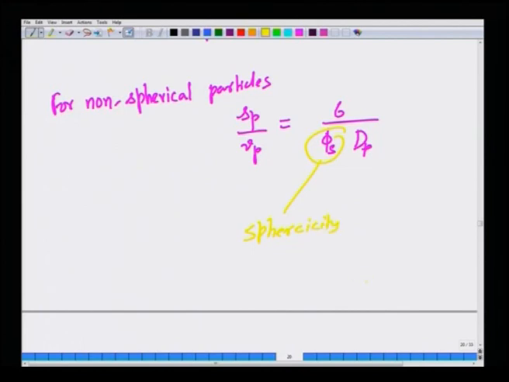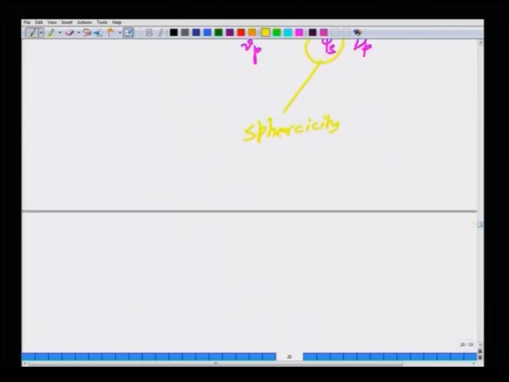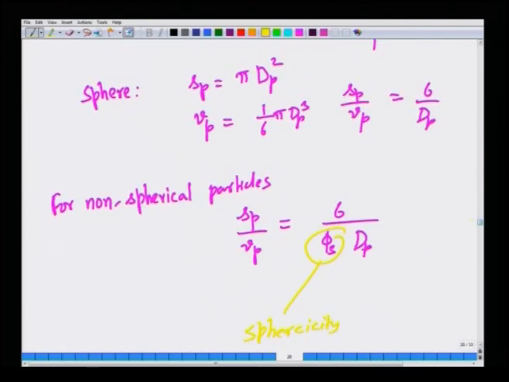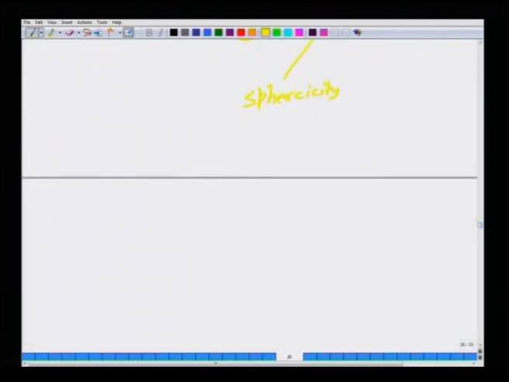Phi s is 1 for a spherical shape, because Sp by Vp is simply 6 by dp, but for non-spherical particles phi s is less than 1. So, how is sphericity calculated? You determine Sp by Vp for a non-spherical particle and then use this to determine sphericity. It tells you the deviation from the spherical shape.